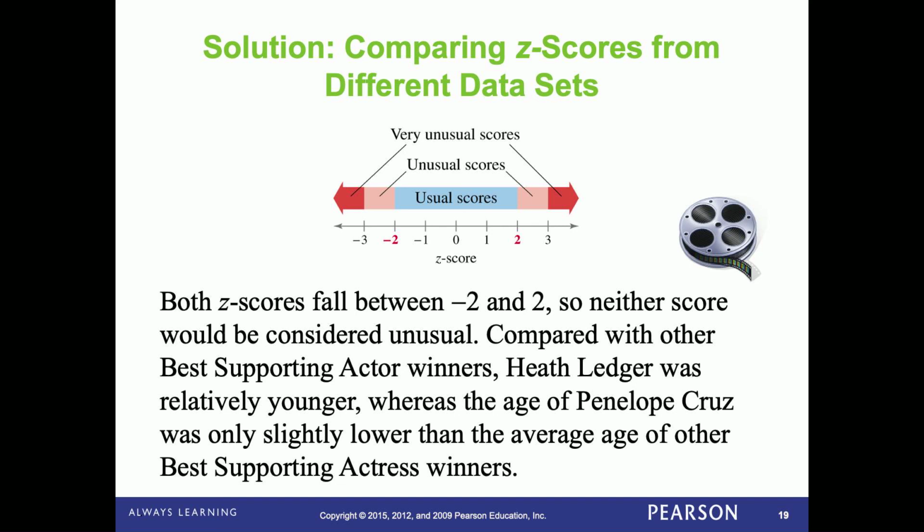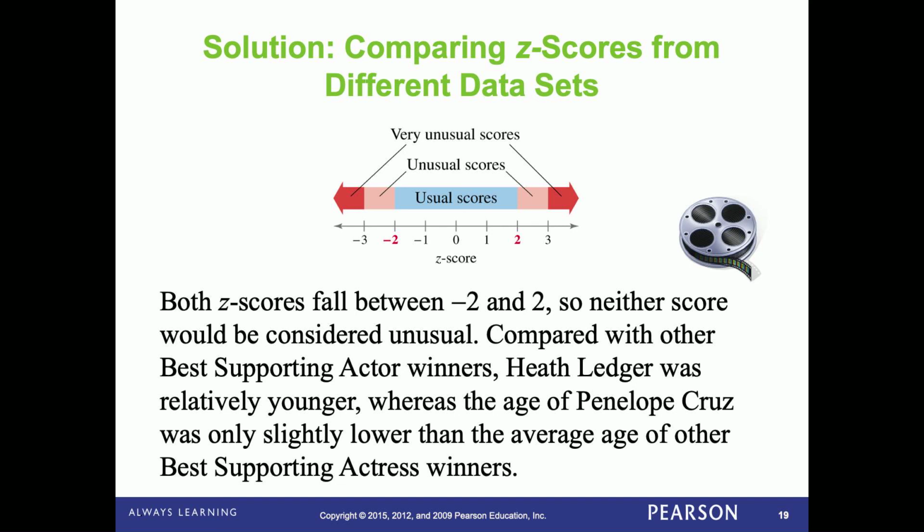When it's between -3 and 3, it's a little unusual, okay? It's significantly far away from the mean. And if it's more than -3 or 3, it's very unusual. Like someone who scored a perfect score on the SAT would most likely have a very unusual z-score.